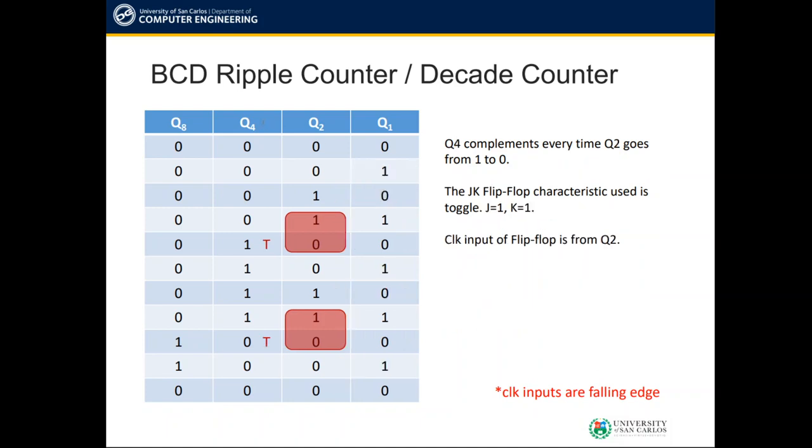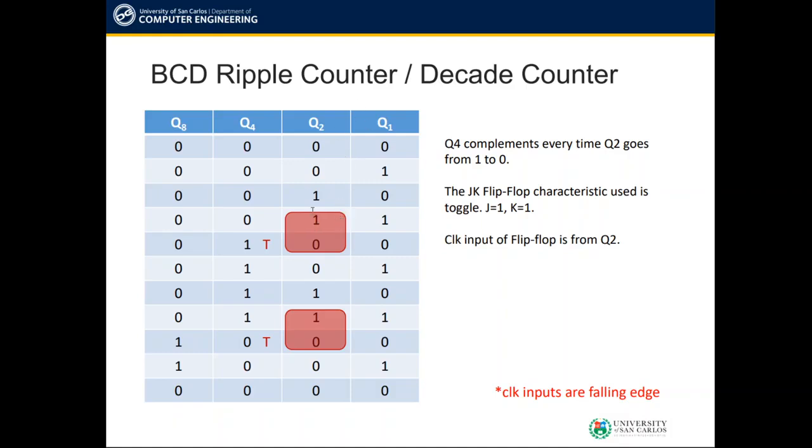So next is your Q4. Based on Q4 here, it complements every time Q2 goes from 1 to 0. From this point, we are no longer checking Q1 as our reference point, but our reference point is now Q2. Though you have the same point here, it's from 1 to 0, but this is a longer sequence of 1s and 0s.